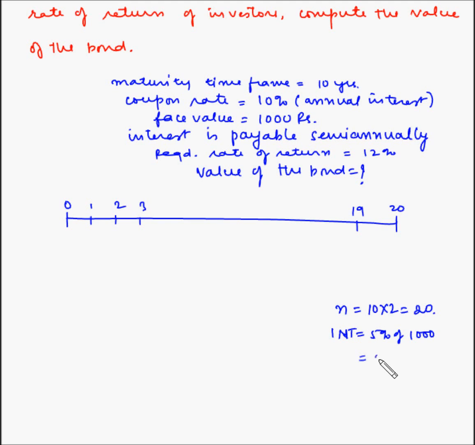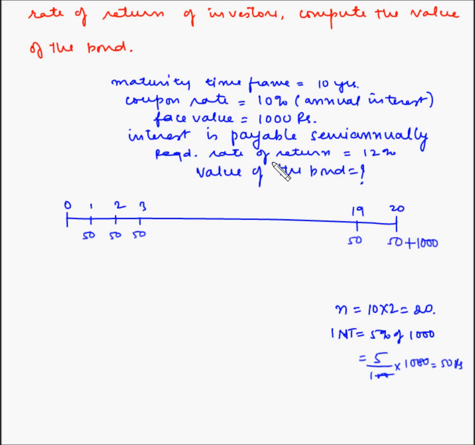That is 5 divided by 100 into 1000, which is 50 rupees. So the interest being paid is 50 rupees at an interval of every 6 months. We'll take the maturity value as the face value. So at the end of the tenure, the investor will also get 1000 rupees.